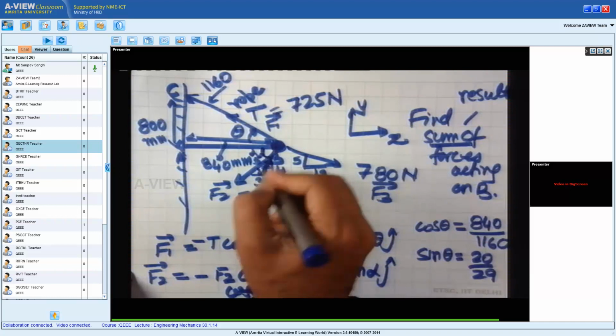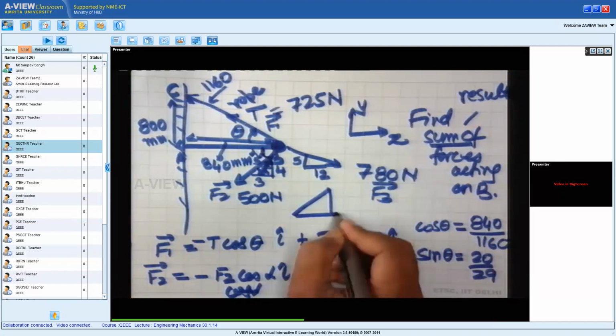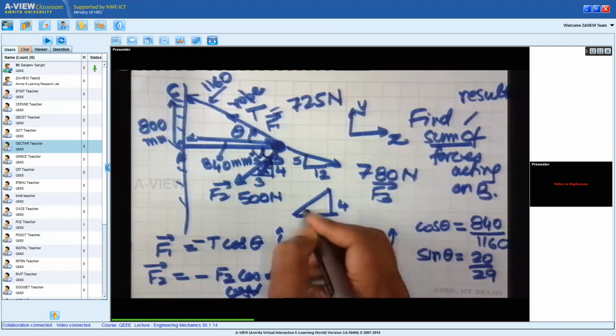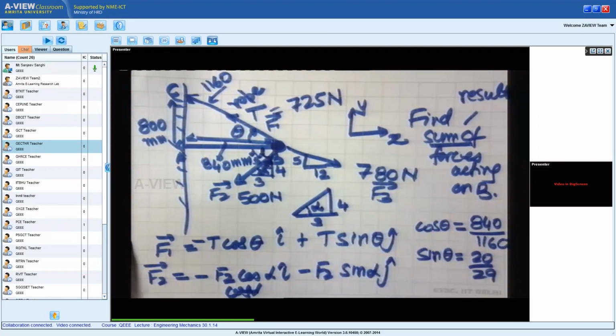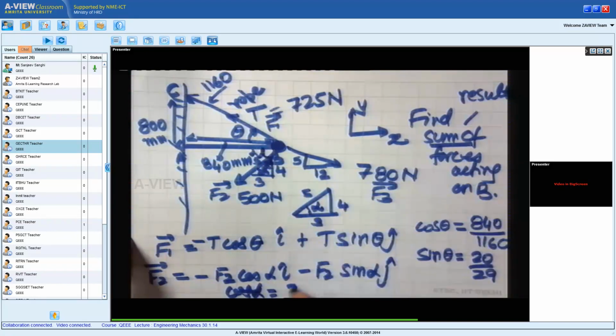So this is a 3, 4 triangle, this angle will also be alpha. So cosine alpha will be equal to 3 divided by 5. Sin alpha is equal to 4 by 5.